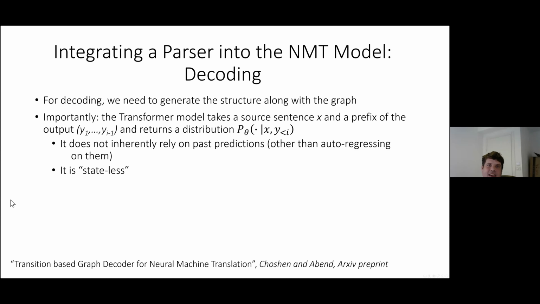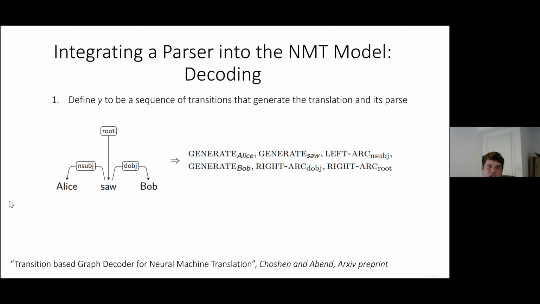But if this is the case, then we can generate the output as a sequence of transitions, say if we have a transition system for the type of trees that we're interested in. For instance, in UD, of course, that's not a problem.